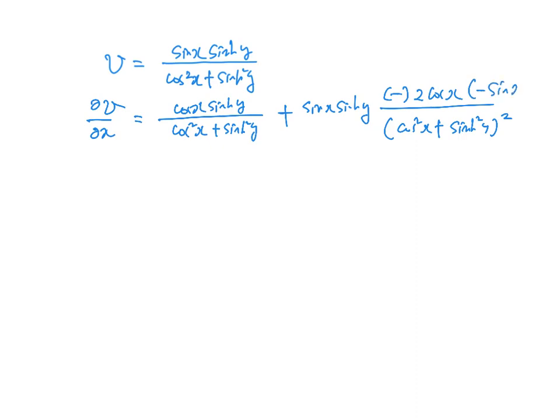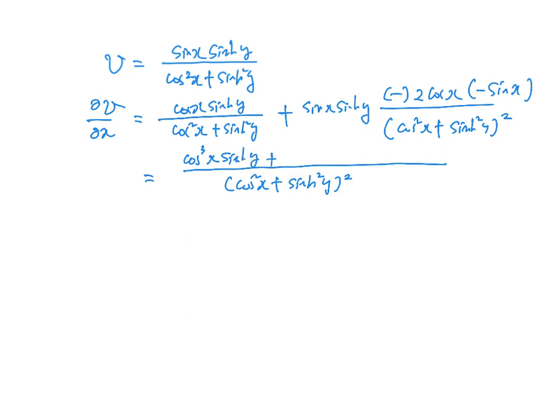And minus sine x. We have cosine cube x sine hyperbolic y plus cosine x sine hyperbolic cube y plus twice over sine square x cosine x sine hyperbolic y.